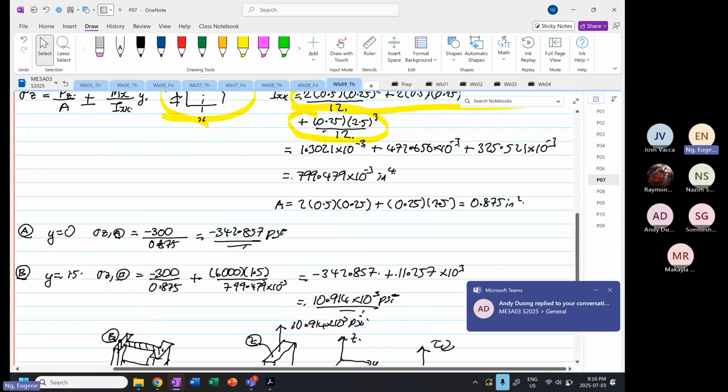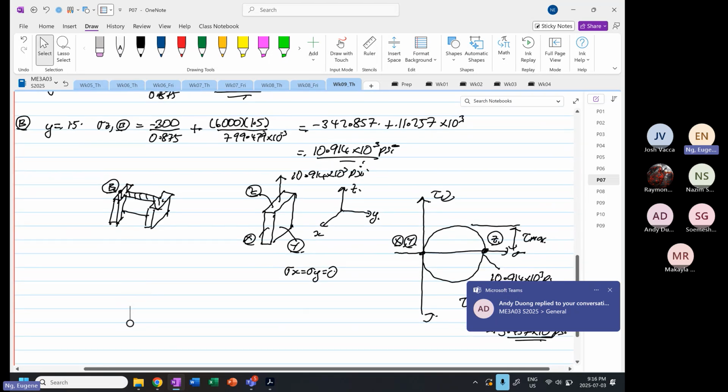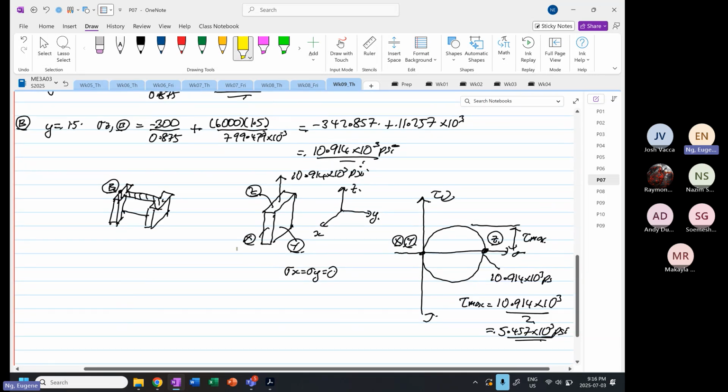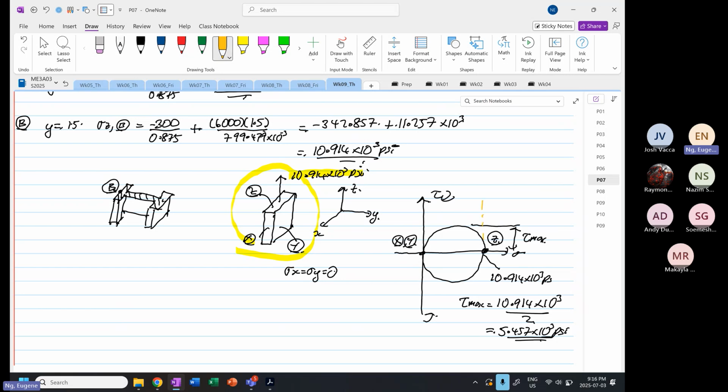Right at the end, you have constructed your element down here, and you only know one stress Z value. So remember we draw this line, this is your stress Z line. Stress X and stress Y are equal to 0.